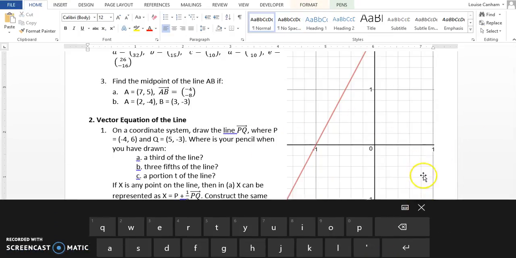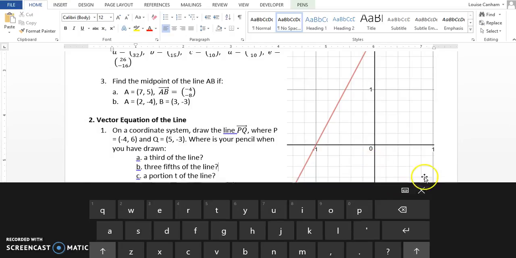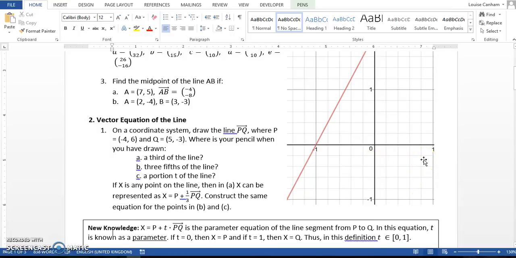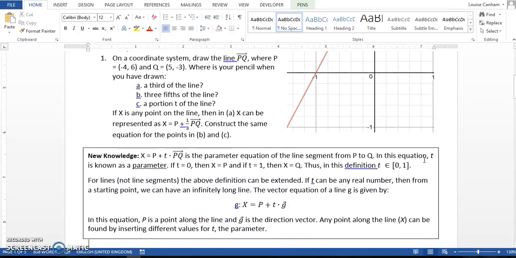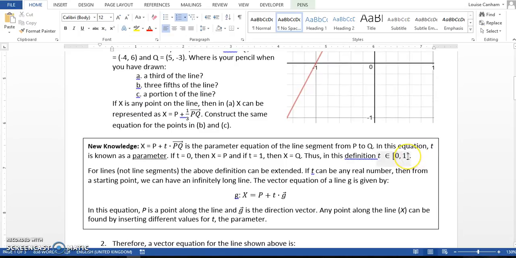So, in this definition that we had up here, t has to be within the interval 0 to 1 if I want to stay between P and Q. However, I can generalize this definition even further.